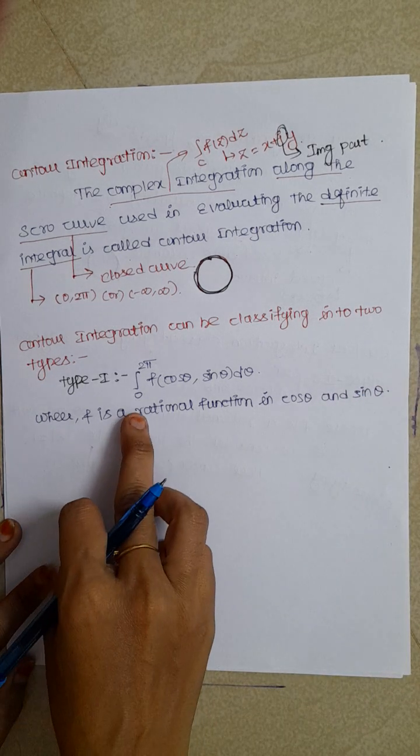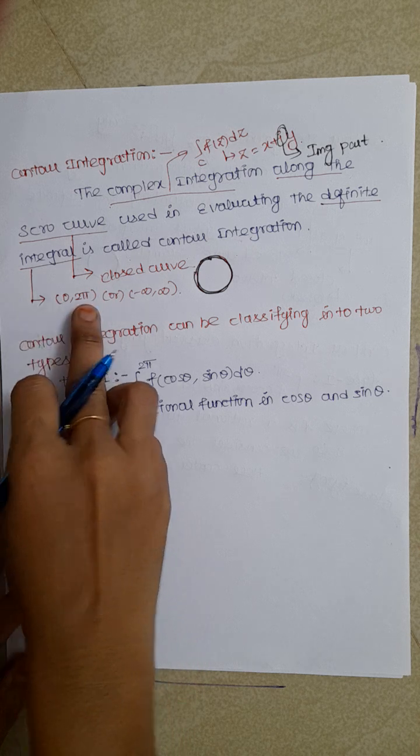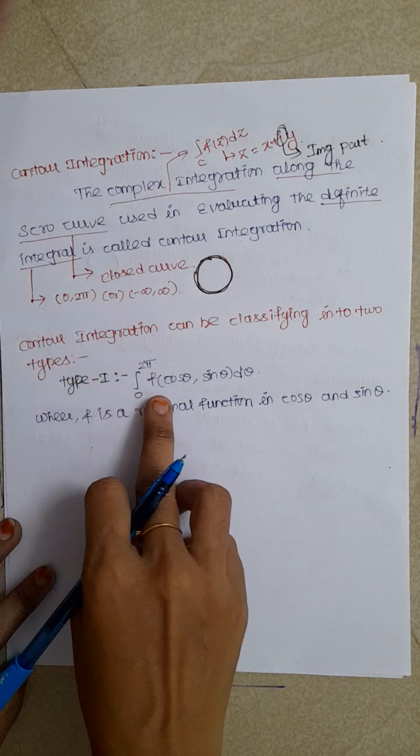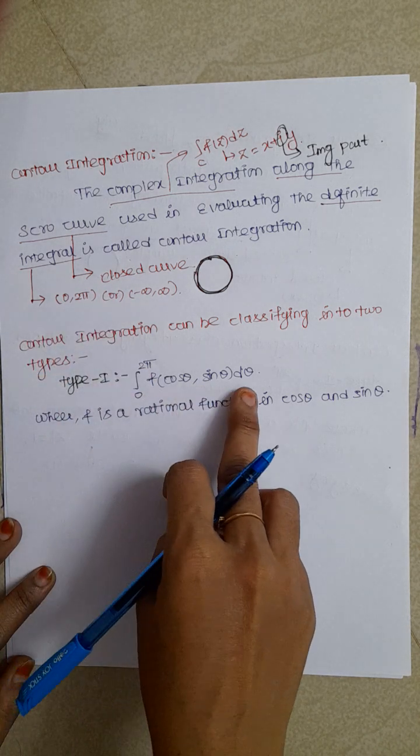So the first type is a closed interval 0 to 2 pi, f of cos theta comma sin theta.